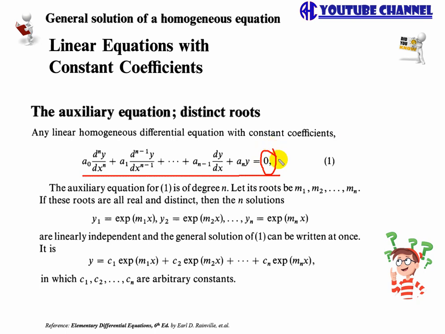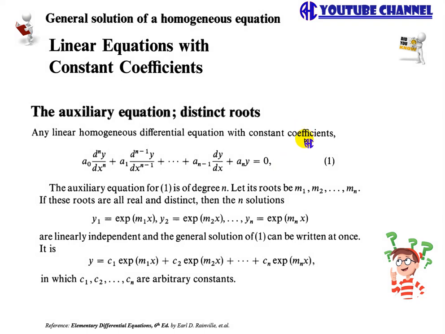Kapag na-equate yan sa 0, that is the homogeneous differential equation. Tapos, kapag yung right hand member natin is naka-equate into function of x, that is we can consider it as non-homogeneous differential equation.